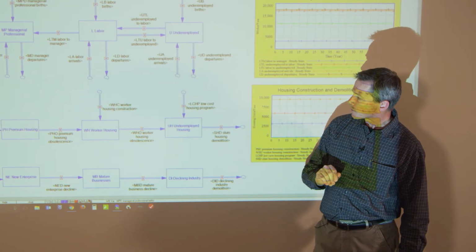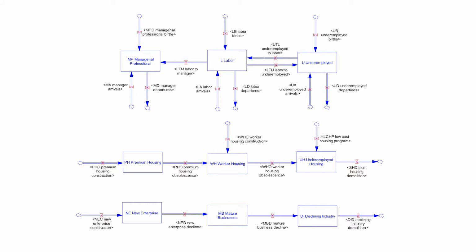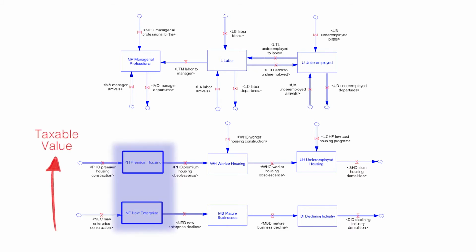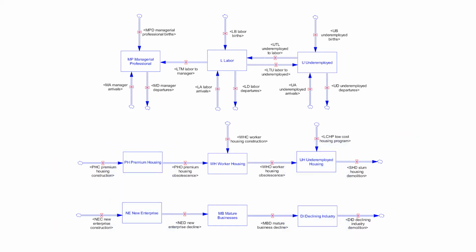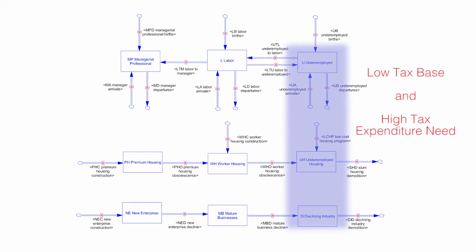From a tax-based perspective, both premium housing and new enterprise would have the highest taxable value, and then as you move to the right, the underemployed housing and the declining industry have the least taxable value. So you could see if a city were to have accumulations that were mostly on the right-hand side, you'd have a relatively low tax base.